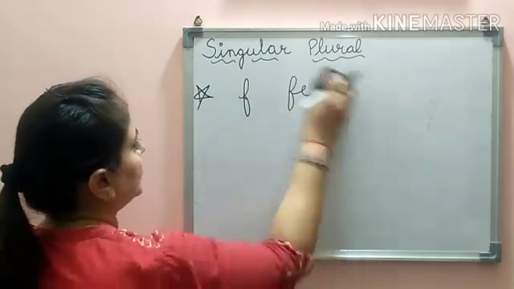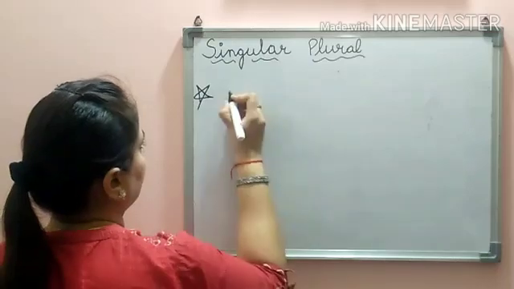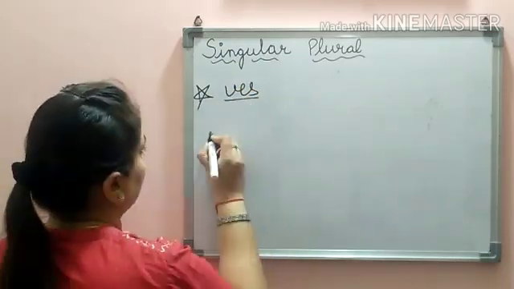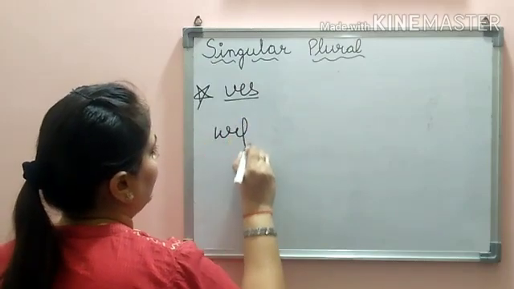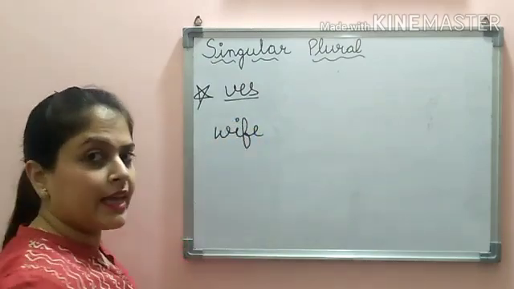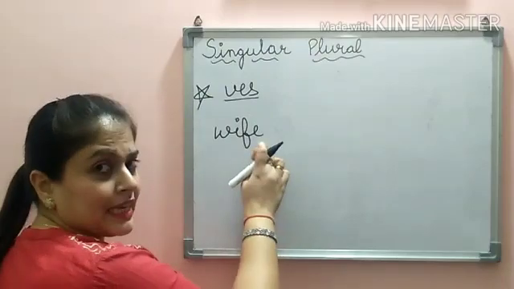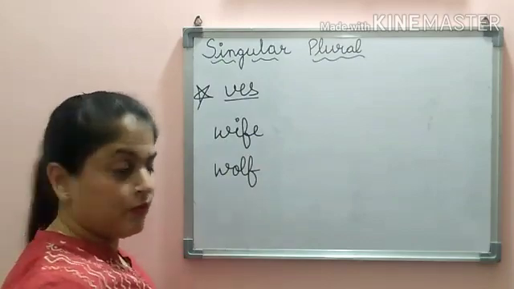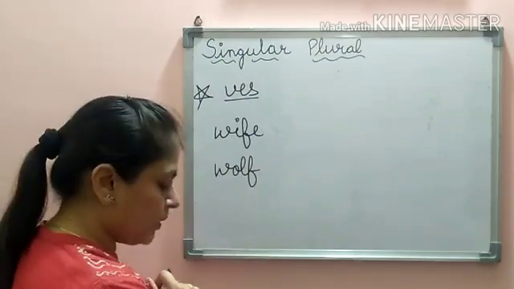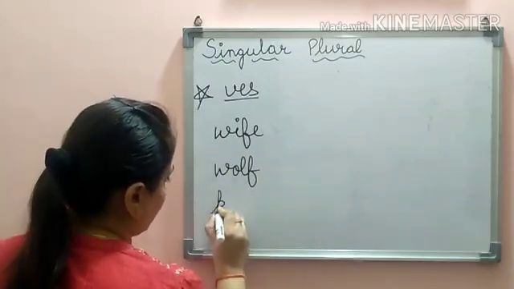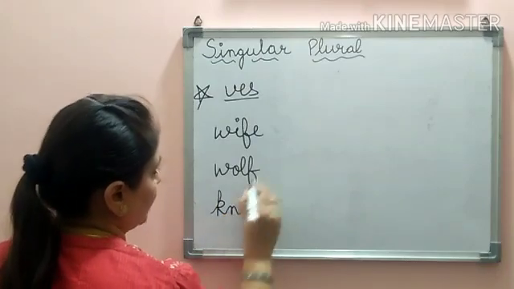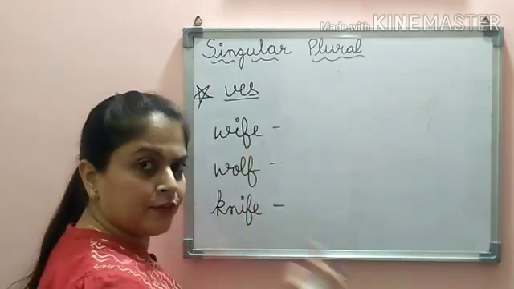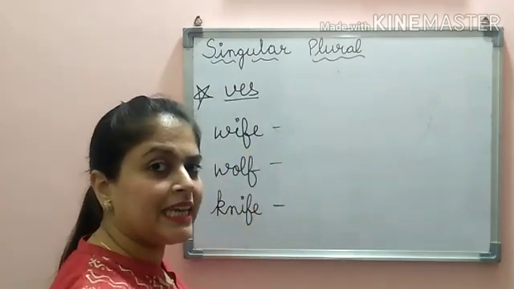So let me take examples for this. Wife. It is ending with fe. Wolf. It is ending with f. Knife. Now let me convert them into plural ones. fe I have to remove and I'll be adding ves.